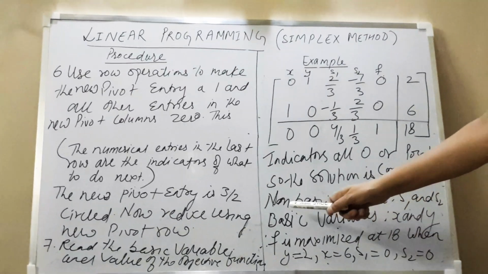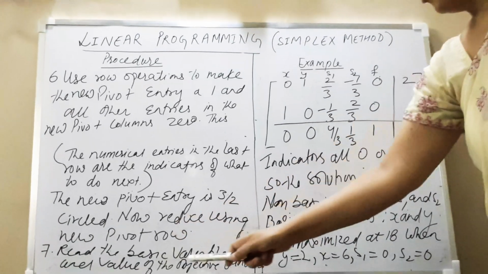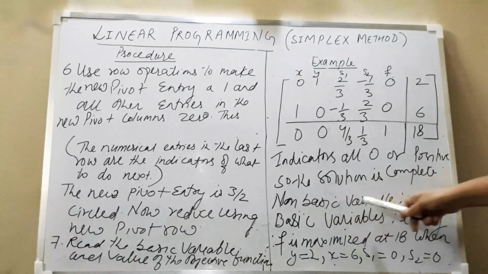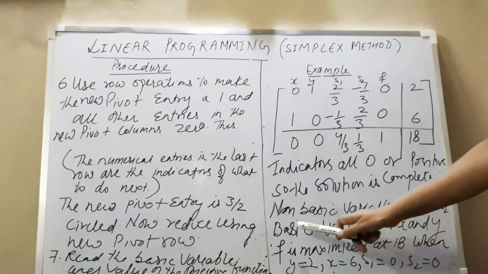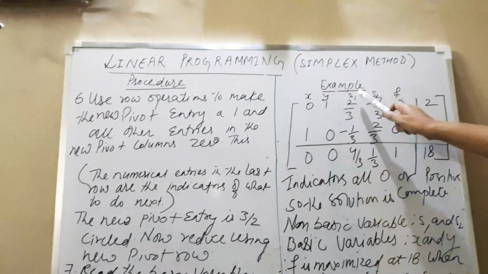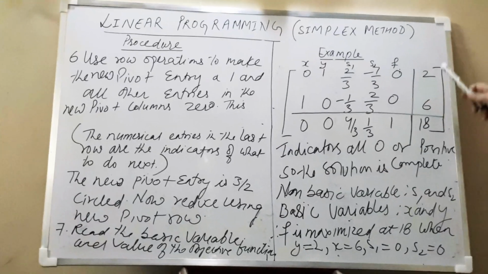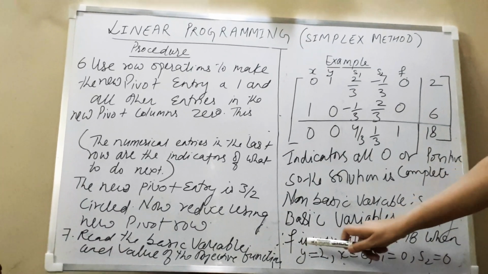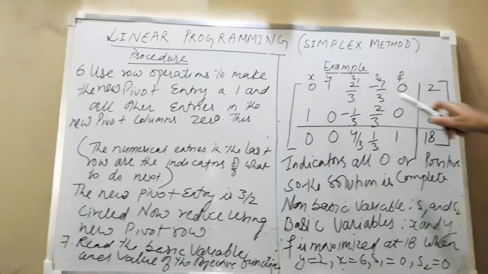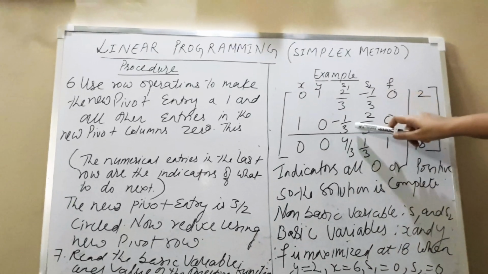Now we have to read the basic variables and the value of the objective function. Here we can see that the non-basic variables are S1 and S2. Basic variables are X and Y. So F is maximized at 18 by setting all non-basic variables to 0.